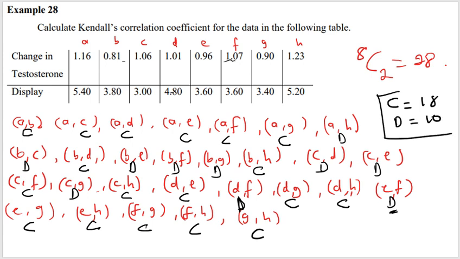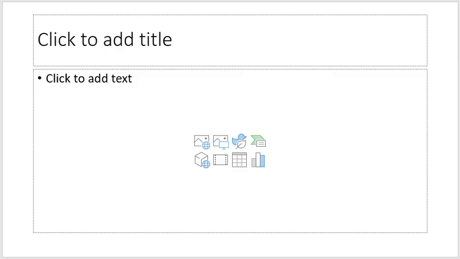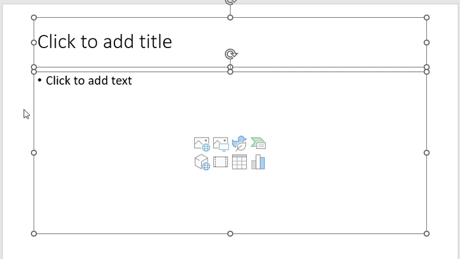So when you count them, we get 18 concordances and 10 discordances. So we only substitute that in the formula and solve. We have C equal to 18 and D equal to 10.